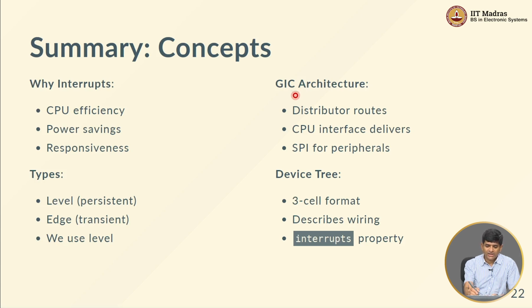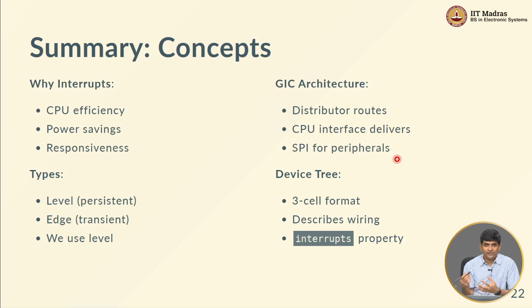The important thing about the GIC architecture is it basically has a distributor which routes the interrupts, or rather collects interrupts from many different places and then routes them to the appropriate CPU. The CPU interface actually delivers the interrupt to individual CPU cores, and SPI, not to be confused with the serial peripheral interface, in this case it's the shared peripheral interrupt, is used by us for connecting peripherals.